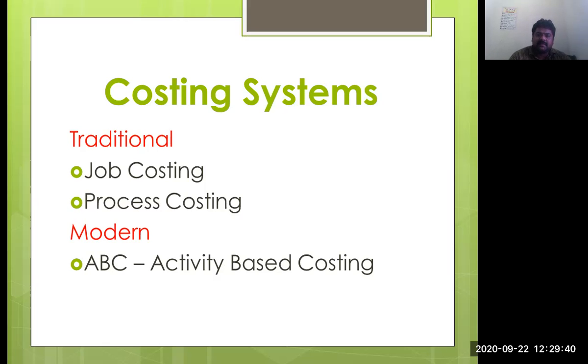That means the manufacturer manufactures only after receiving an order from the customer, and the manufacturing style, technique, and processes used in making the product are different from one customer to another, because production is done only on the basis of each job you receive and each job's requirements. That is why such costing systems are called job order costing systems.